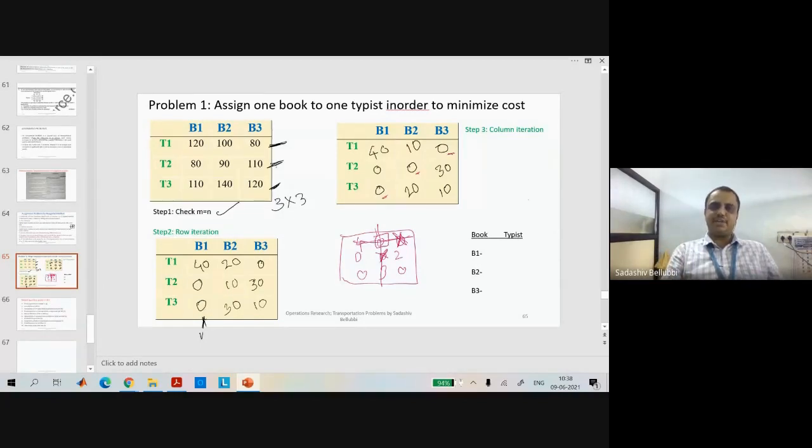That's why we need to cancel whichever zeros come in that particular row and column. The next one, if you assign this 0, then this should be cancelled and even this should be cancelled because it comes in this row and column. So likewise we need to assign.